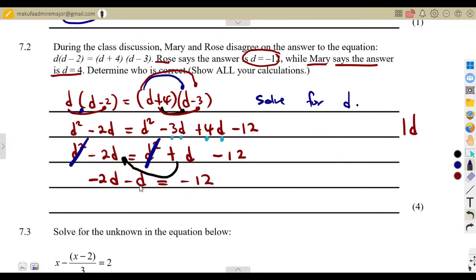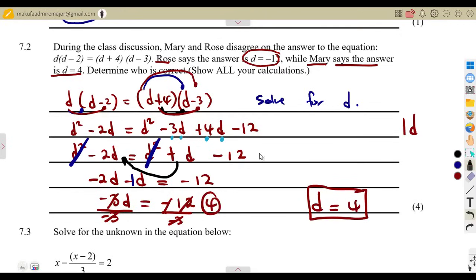Minus 2D minus D, that's minus 2, minus 1, which is going to give you a minus 3. So that's minus 3D is equal to minus 12. Dividing by minus 3 both sides, you obtain a positive 4. D is equal to 4.